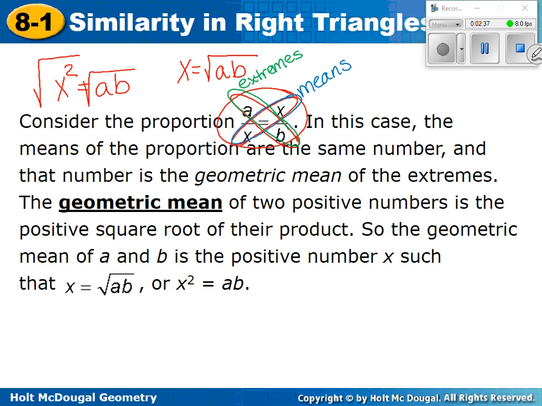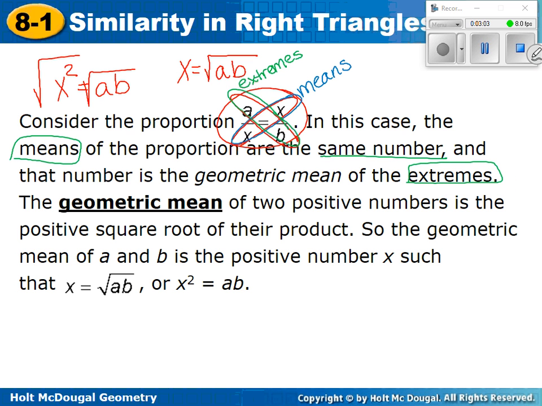So I'm going to go back through this and read this again. It says consider this proportion. In this case, the means, so you need to know what they're talking about when they say the means. They're talking about this diagonal. The means of the proportion are the same number. So do you guys agree that that diagonal has the same number here and here? So the means is the same number, and that number is the geometric mean of the extremes.